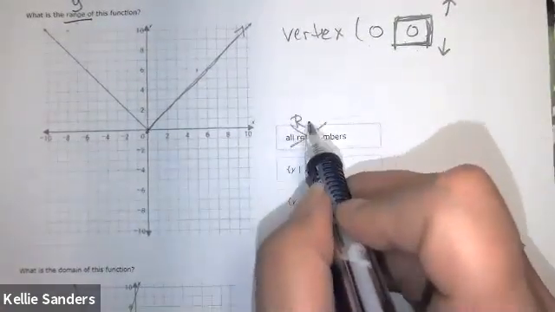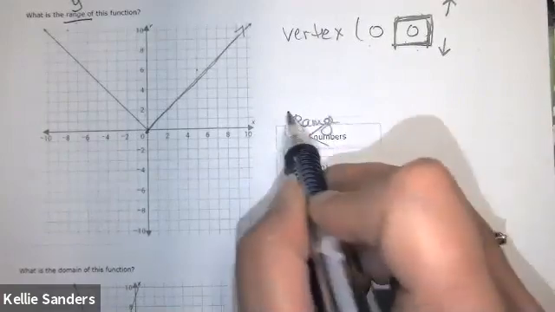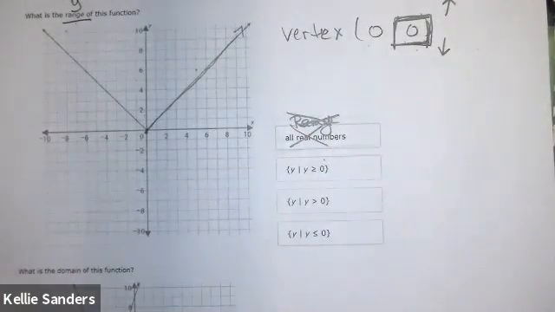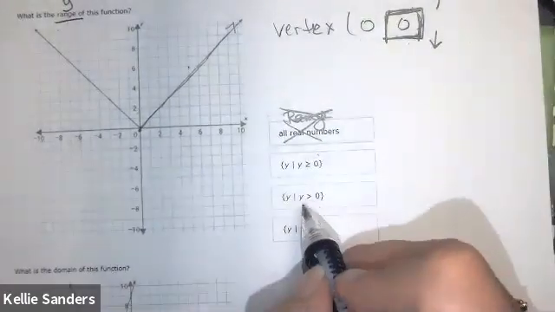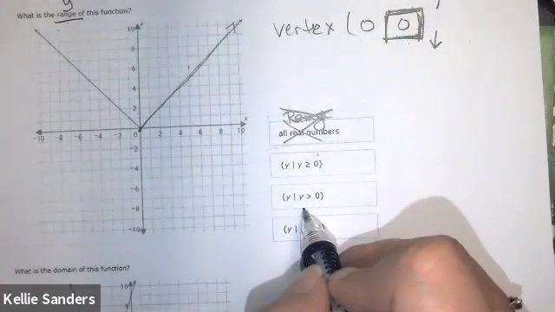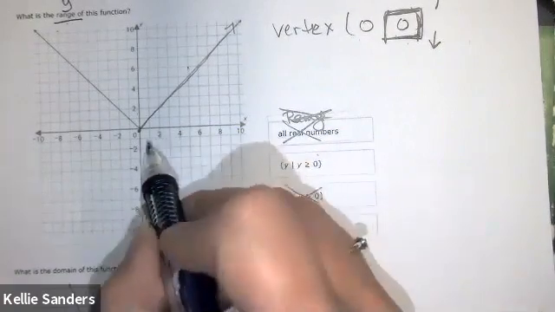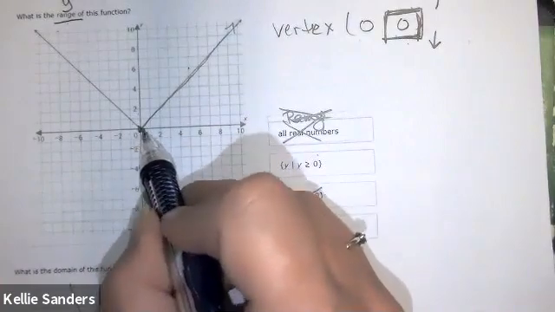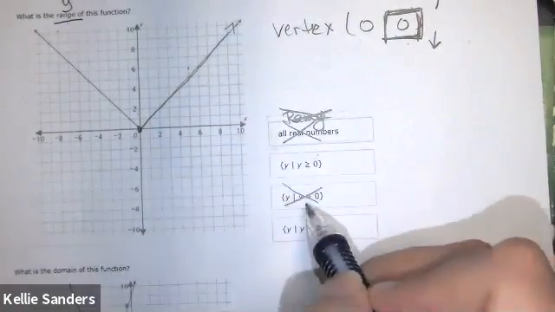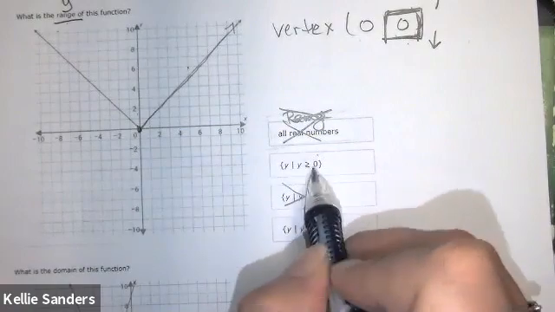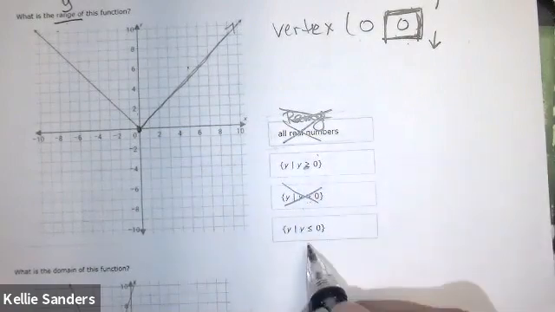Your range is never, ever going to be all real numbers on an absolute value graph. Your range is never not going to have an underline here because this is an actual point. It's not open. If it's open, then you wouldn't have a line underneath here.